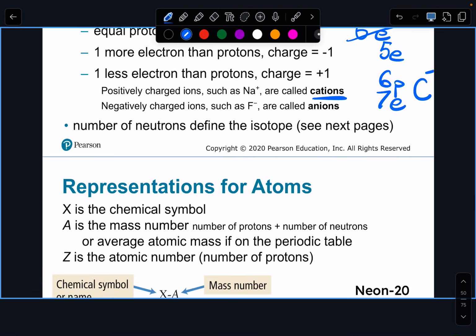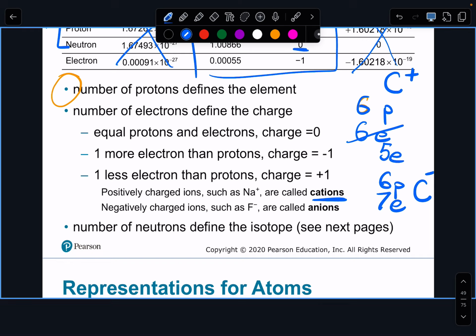Okay? All right, then we talked about electrons as well, which if nobody says otherwise, you can assume that the atom has not reacted or lost any electrons or gained any. And so we would say that it's neutral, meaning that it has the same number of electrons as protons. So for that neon example, we would expect neon to have 10 electrons as well, unless we were told otherwise.